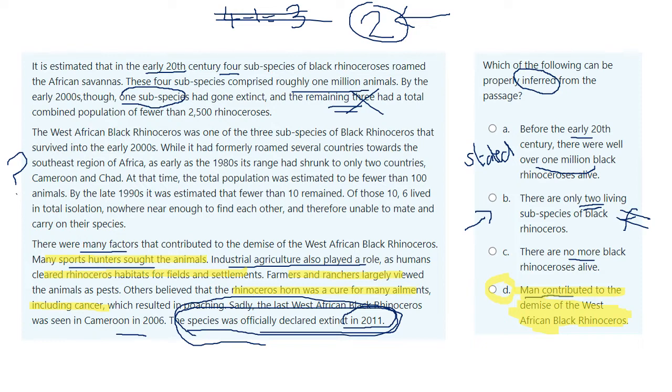There might be no more black rhinoceros. If all the rhinoceroses are dead, then C could be true. But B and C are both could be, possibly. This passage is about the West African black rhinoceros. We do not even know the name of the other species. So B and C are not supported. That's why D is correct.